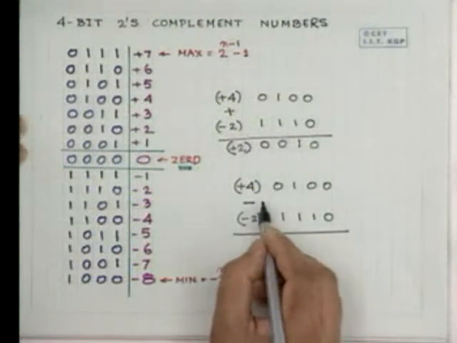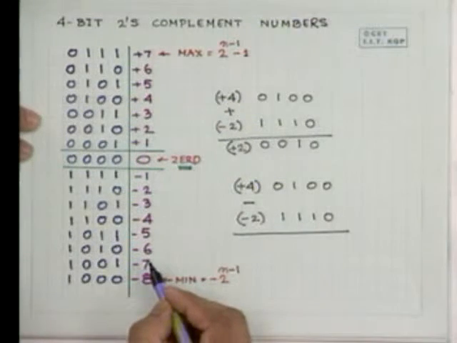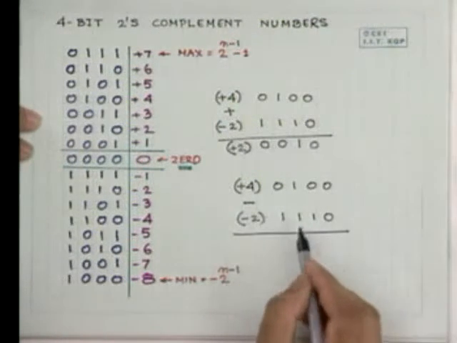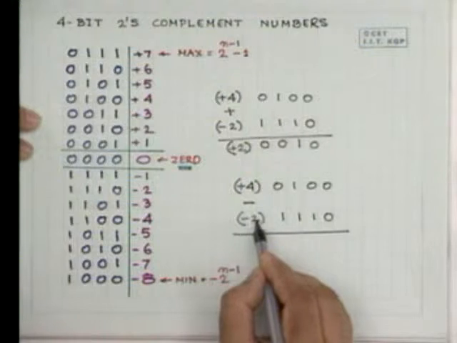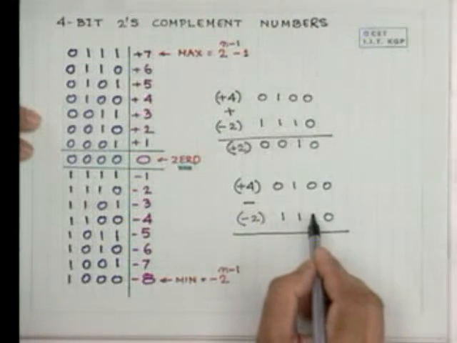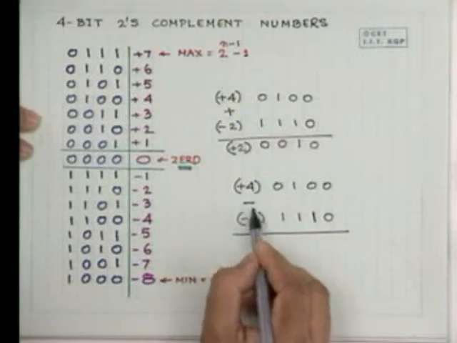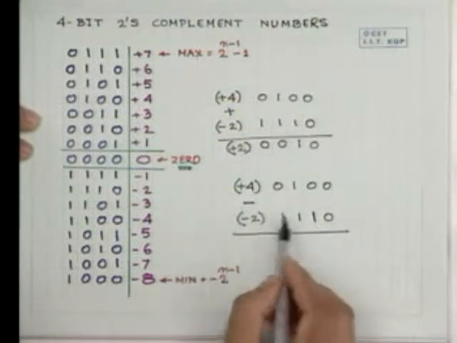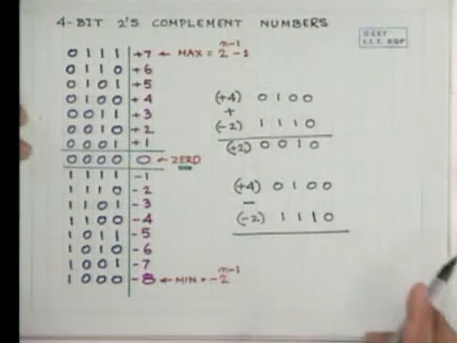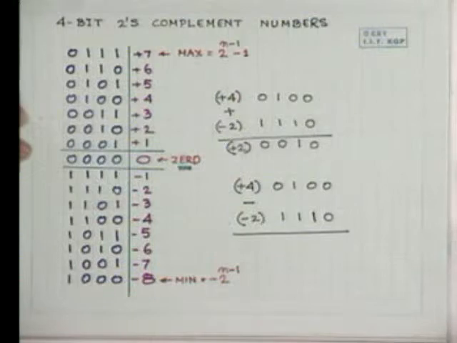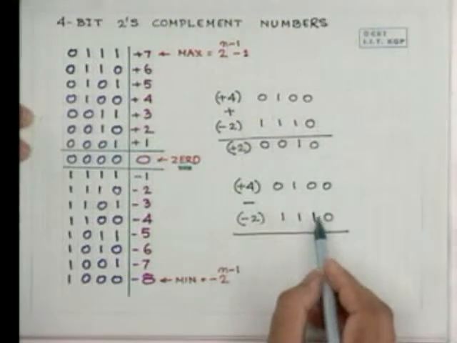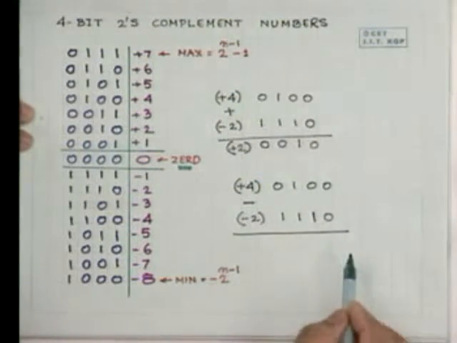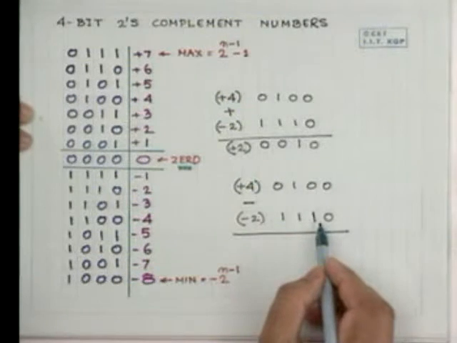In this case, when you want to do a subtraction, what we do is this: you convert minus 2 into its 2's complement representation, since the operation desired is minus. Now, to convert this into 2's complement representation is easy. As I said, find the 1's complement representation by complementing each bit and then add 1 to it.